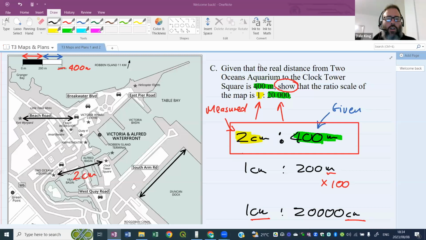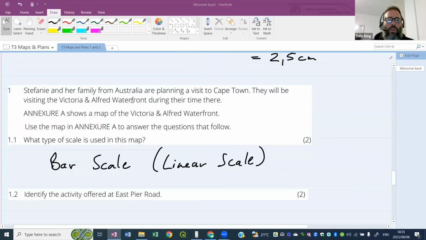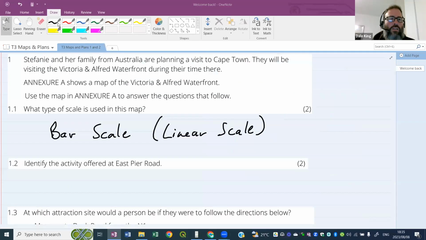Yes, very good. Helicopter flights. This is East Pier Road, and the little star there shows the activity. Very good. When you see these questions, you are very happy because it's not much work for 2 marks. We don't have 1 mark questions in maths literacy. Yes, you guys are absolutely right.